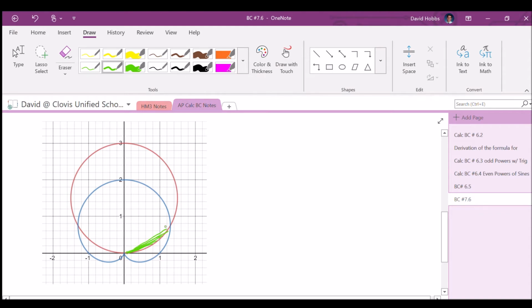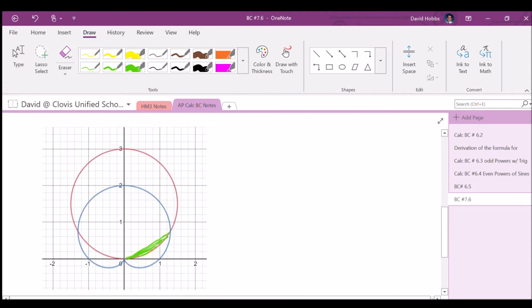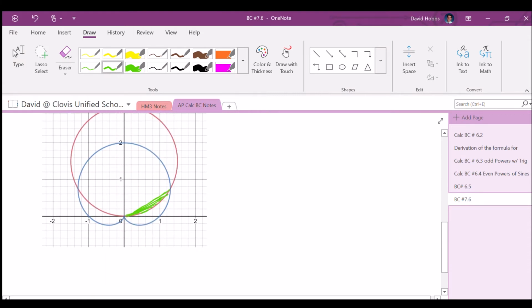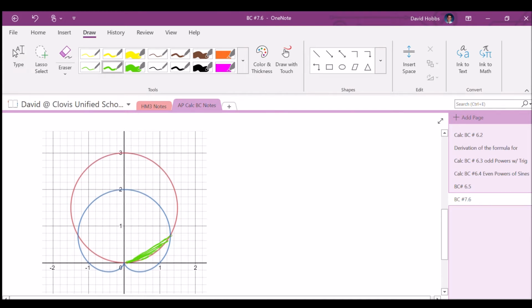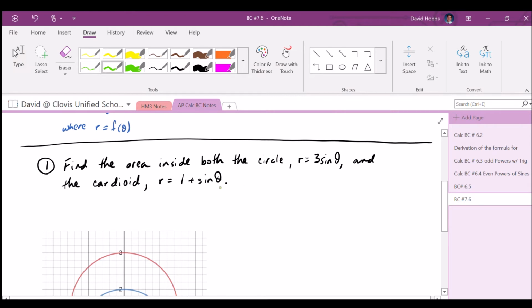Until we get to that point of intersection between the two curves, we can see that out of these two situations, we're really just doing this first one right here on the left, and the curve that we're going to is the circle. Now, that point of intersection is really important, so we do need to get that point of intersection. So let's go ahead and get that right now.